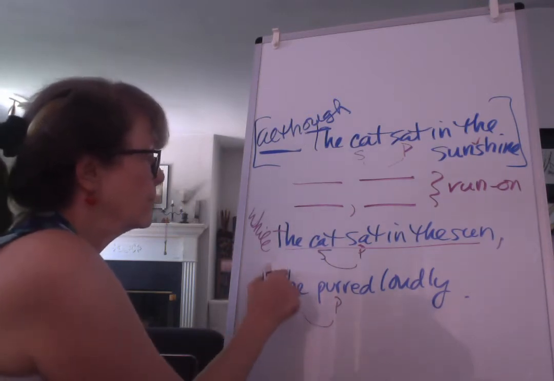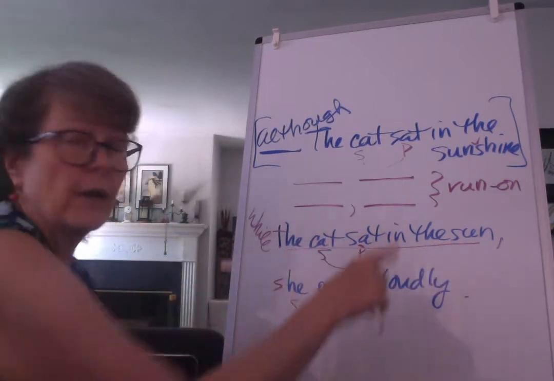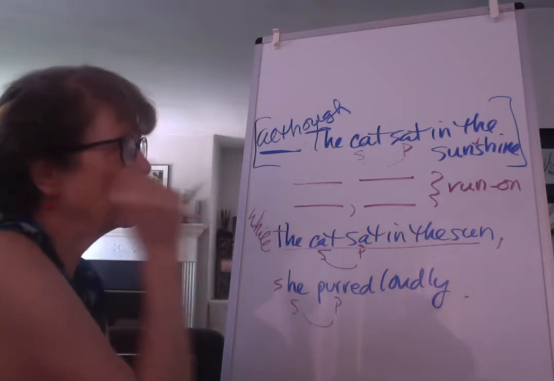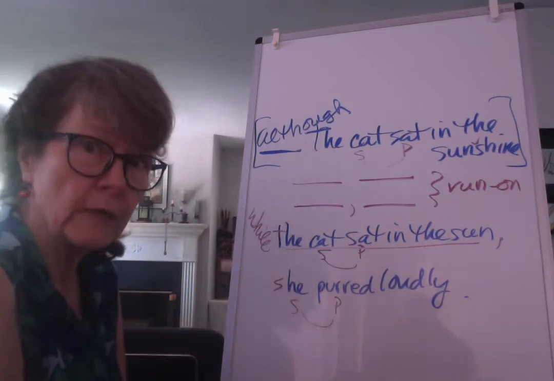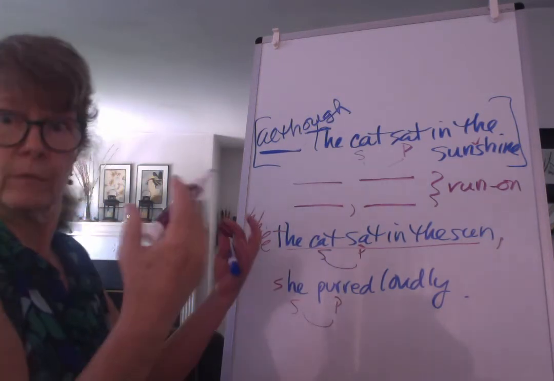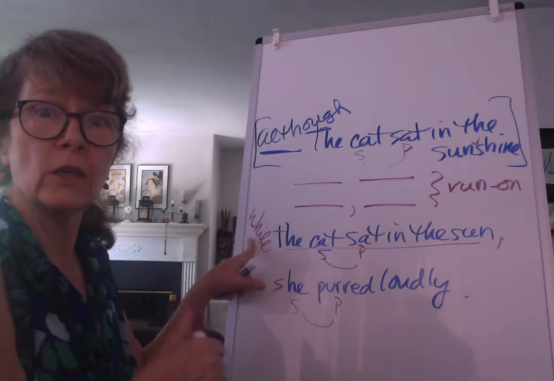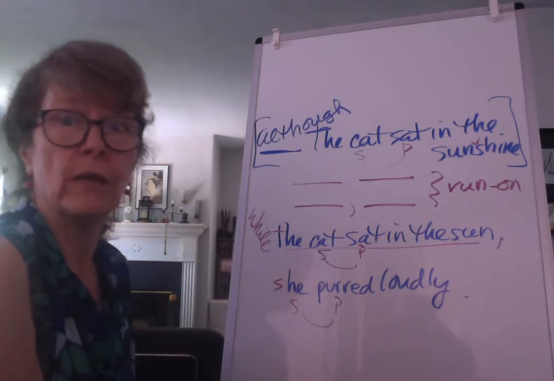I've got to fix all the punctuation there. Put a comma after it if the subordinate clause is first. Change that capital letter to a lowercase letter. So now I have put the two main clauses together using a subordinating conjunction, while. While the cat sat in the sun, she purred loudly.